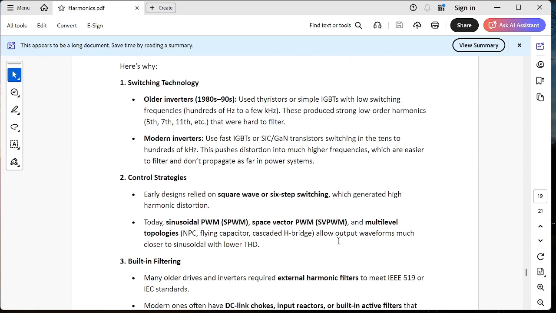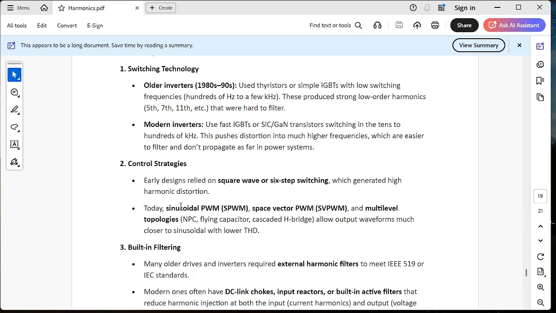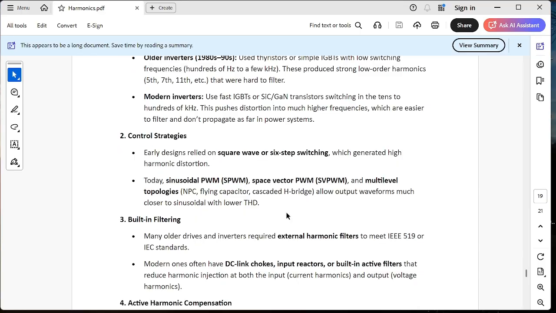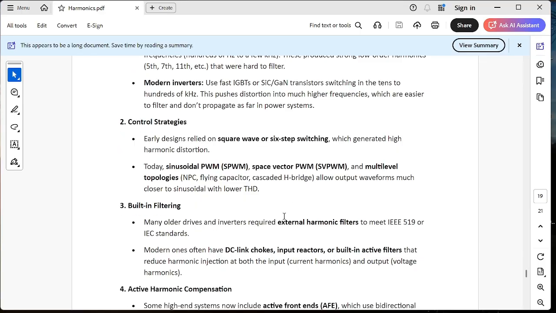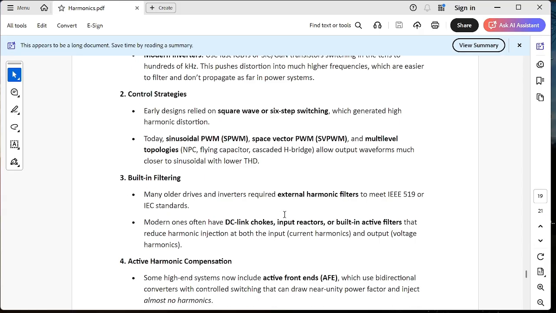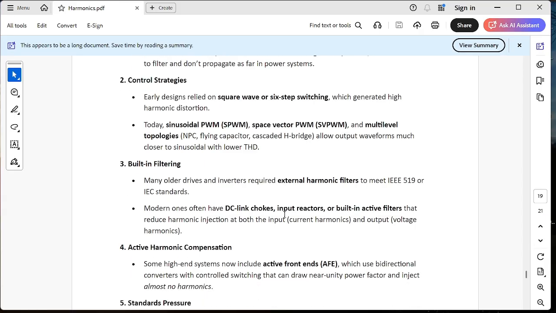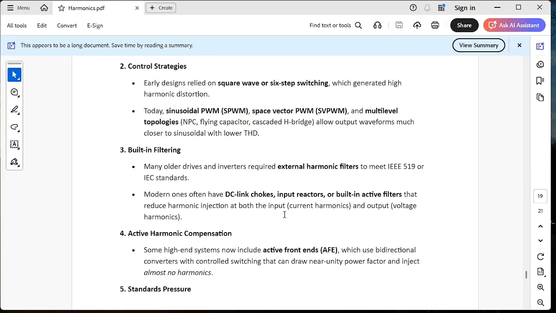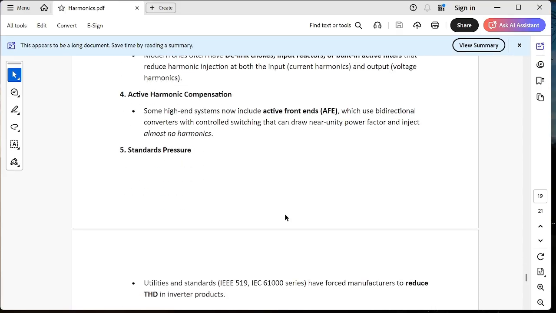Okay, so early inverter designs were based on square wave or 6-step switching. Today, sinusoidal pulse-width modulated, and we're going to talk about this, we're going to actually see this, gives you much lower harmonic availability.